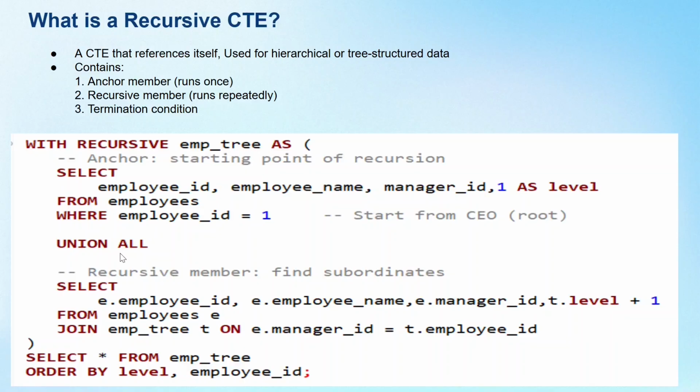The first part of the query serves as the anchor member or the non-recursive member. The next part serves as the recursive member. And the termination condition in this case is a non-matching record for this join condition.